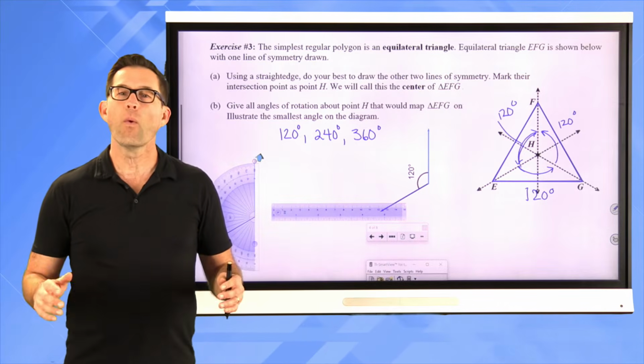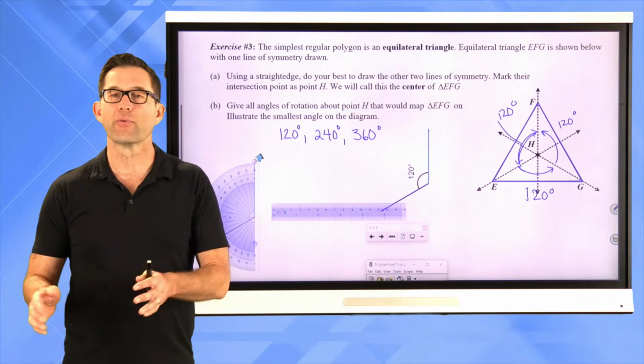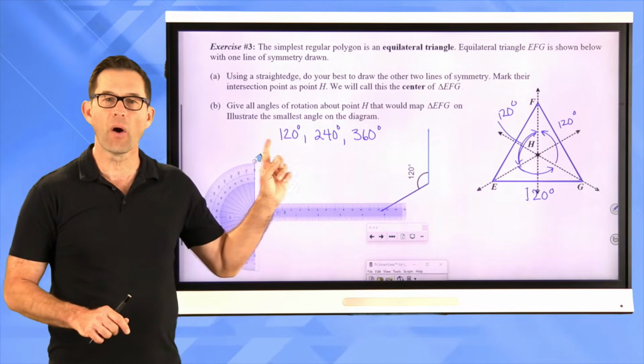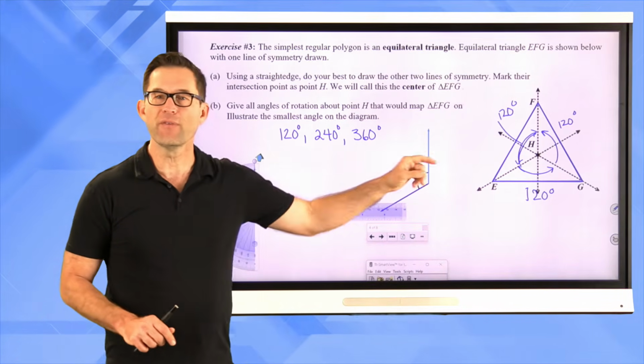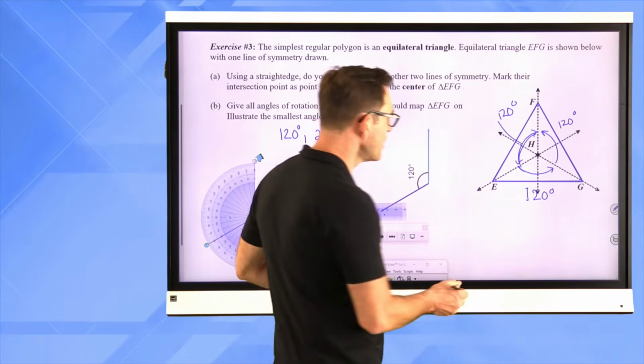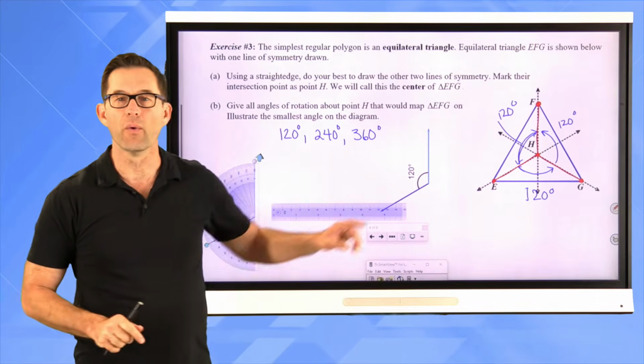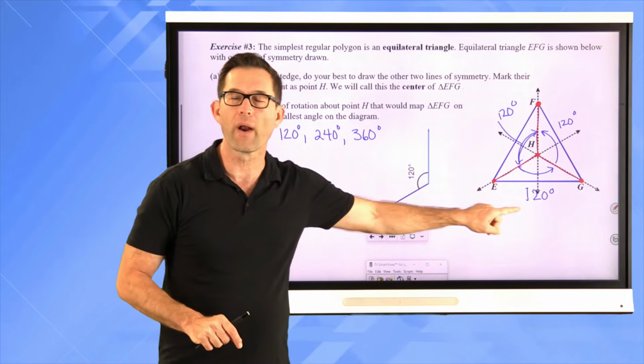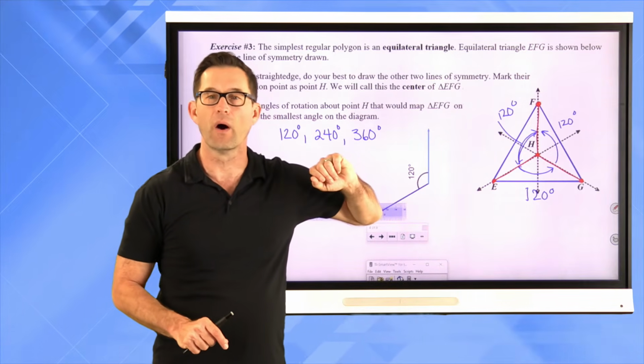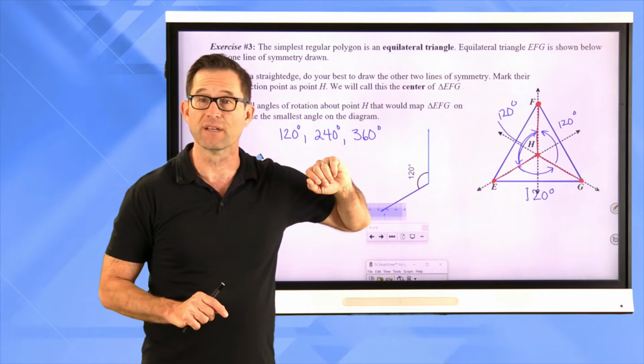Now, why is it 120, 240, and 360? Or better yet, why is the smallest one 120? Well, let me change colors here so that we can really see this beautiful contrast. Forget about the overall triangle, just look at this figure in red. What we should know is that if we go all the way around these angles, they must sum to 360 degrees.